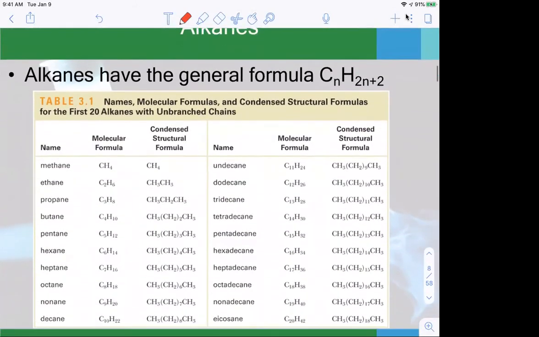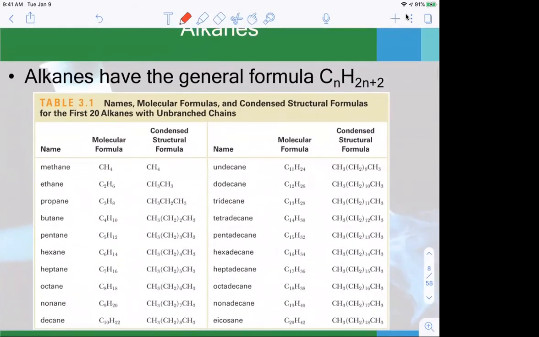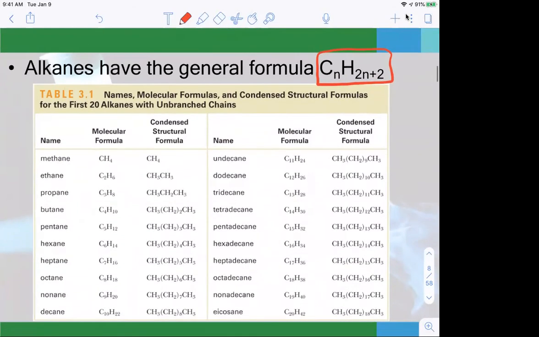Now, when I think about alkanes, again, I have this general formula. N is the number of carbons. The hydrogens would be 2 times N plus 2. So these are the names, the molecular formulas, and the condensed structural formula for the first 20 alkanes with unbranched chains.